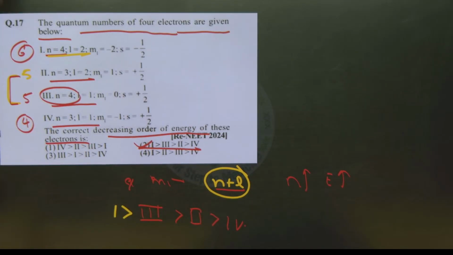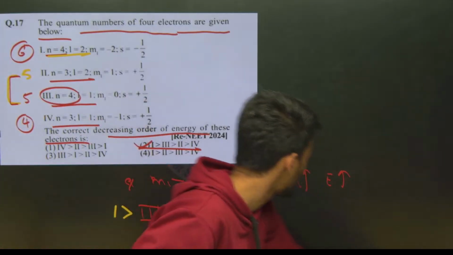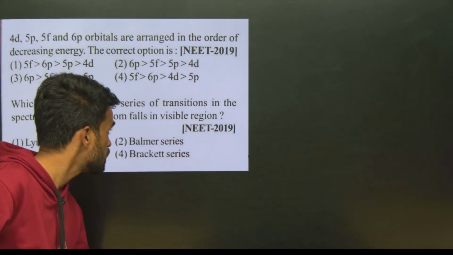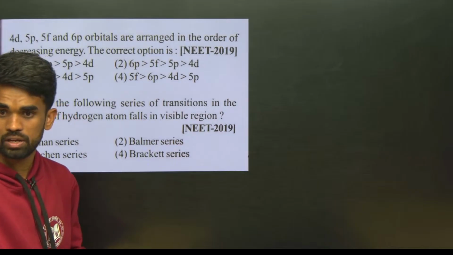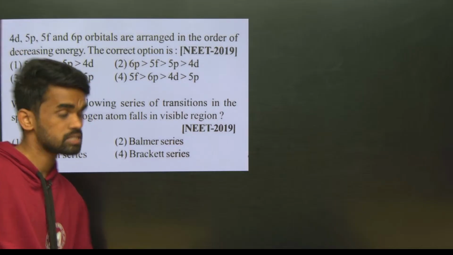Is that clear? Right. So one last question for practice purposes. You can do this, and the remaining questions you can practice on your own. If any questions are there, we will discuss them in the next class.